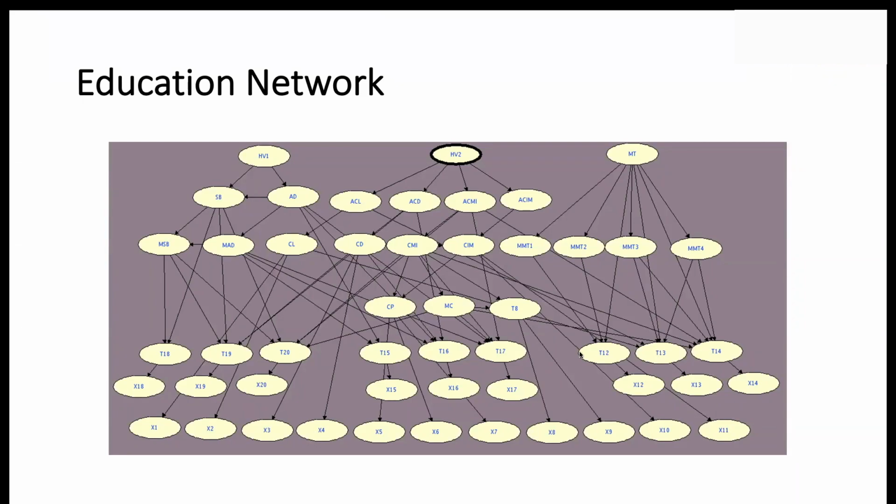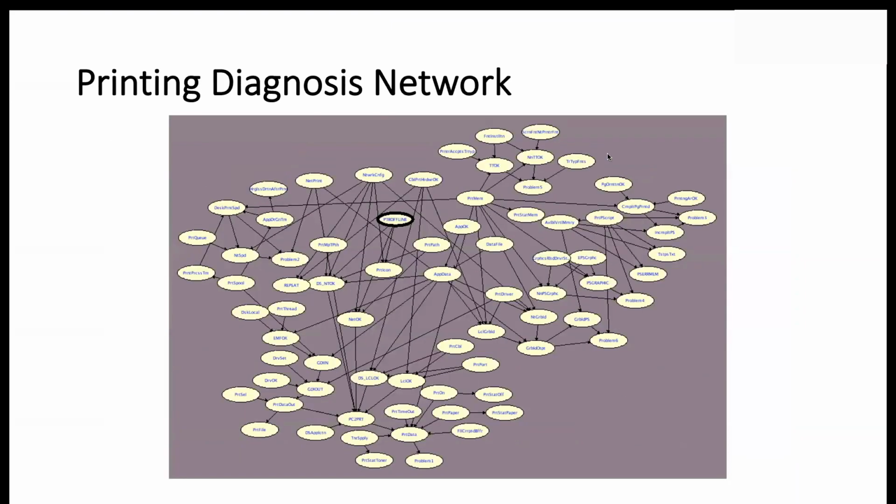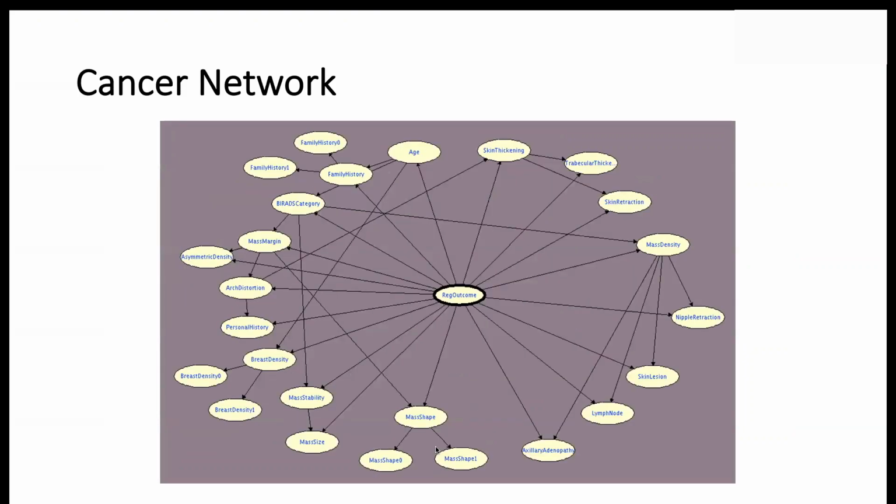So in this case, you would compile this into 3 different classifiers, one for each skill level. And here's another example from diagnosing problems when printing. I think this was built by Microsoft Research a while back. This is another example classifier for breast cancer from mammography reports. This, I think, came from Stanford Medical Informatics.